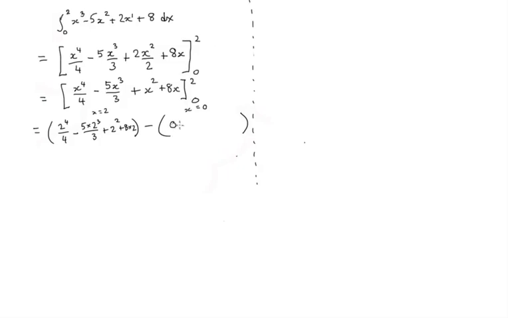That's going to be the values. There's no point in writing out all the various bits like 0 to the power 4 over 4. We know this is going to come to 0, so is this, so is this, so is this. So the second bracket is 0. So we have to evaluate this first expression.